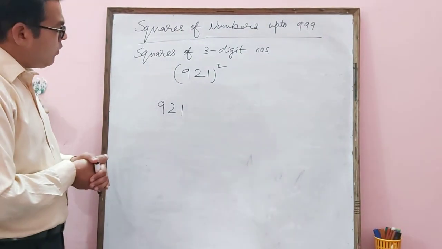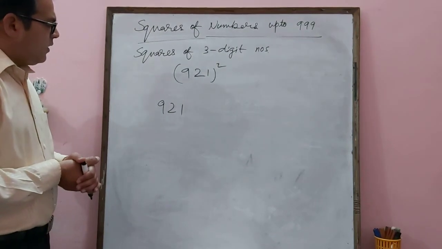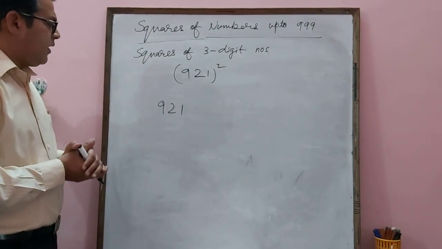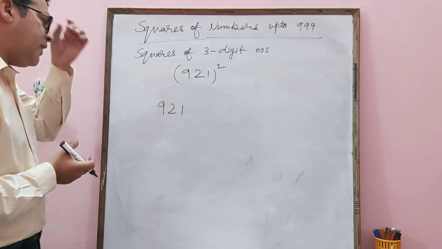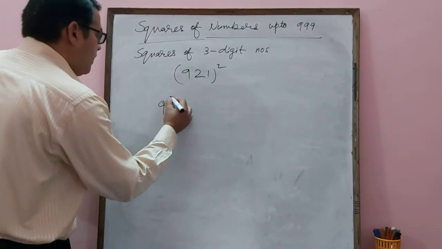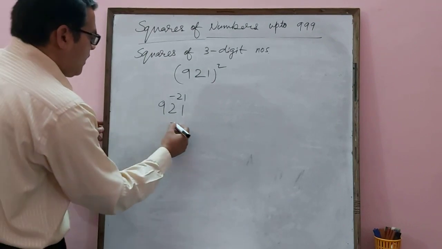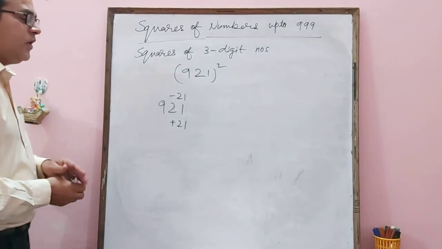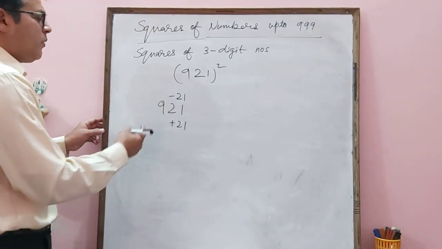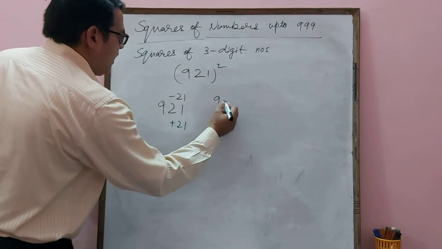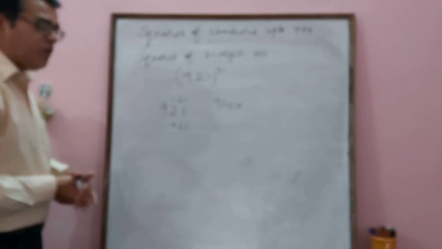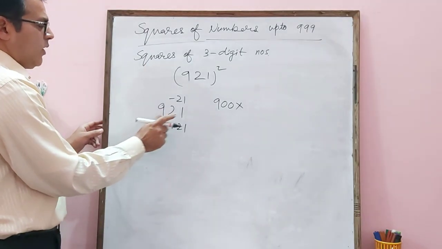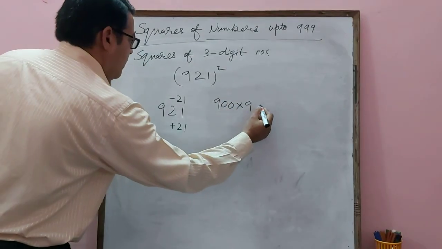So clearly you can see here, we can take 900, no problem. So to make it 900, what to do? We need to subtract 21 and we need to add 21. So after subtracting 21 from 921, we have 900. Multiply, you have to write by your own, and if we add 21 in this, we have 942.